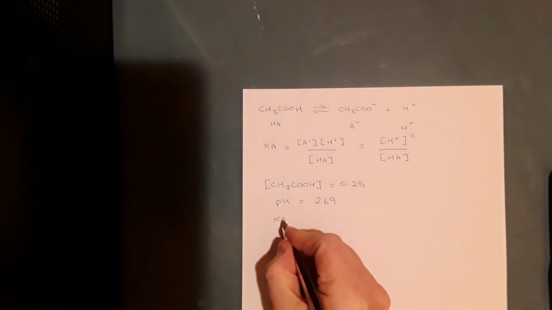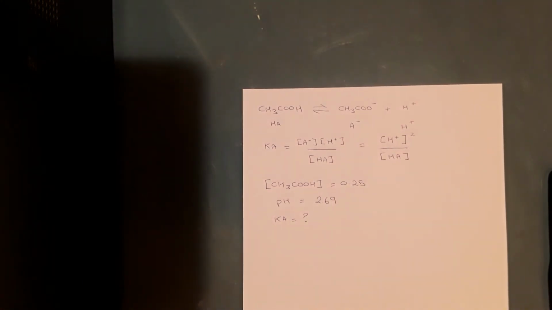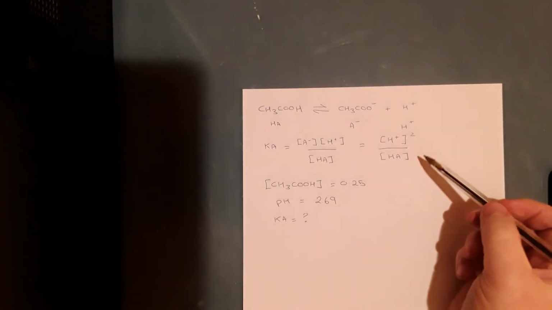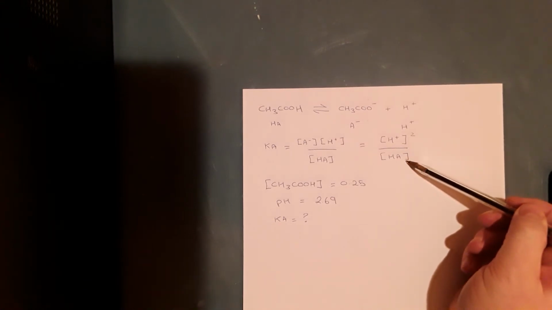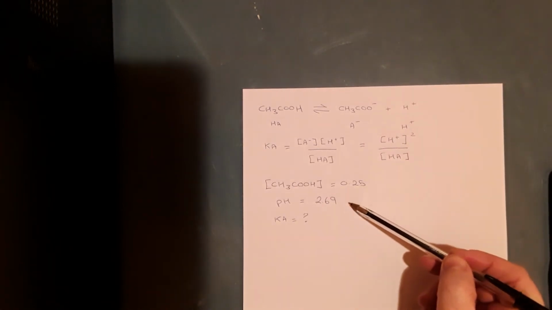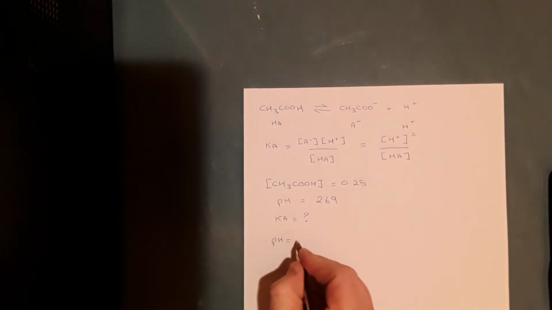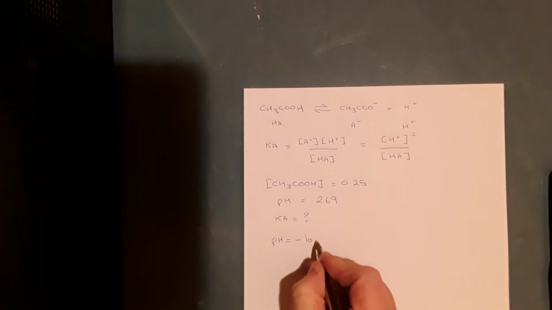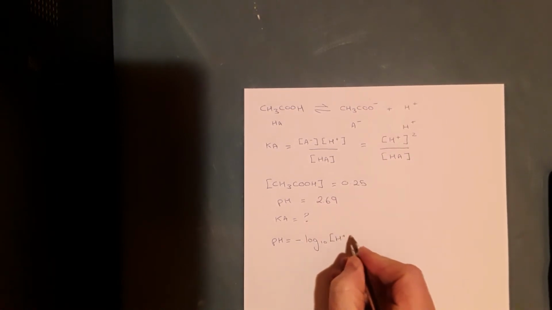Now, of course, we need to know what Ka is. Looking back at the equation, we need the hydrogen ion concentration and the concentration of the acid. We've got the concentration of the acid, and we've got a pH. As I mentioned earlier, pH equals minus log to the base 10 of the hydrogen ion concentration.